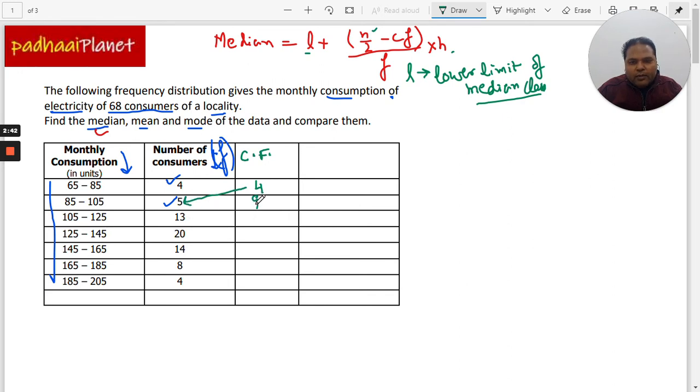Then 9 plus 13, that is 22. Then we have 42. Then we get 56. Then we have 64, and finally we have 68.